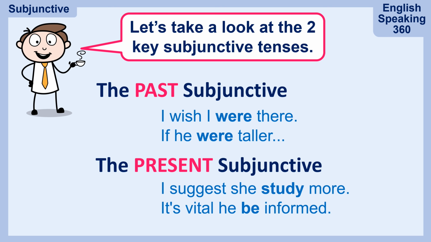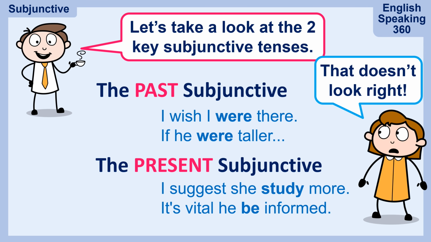I suggest that she study more. It's vital that he be informed. That doesn't look right. I know it doesn't look right, but actually it is right because these sentences are all subjunctive sentences. Let me explain them to you.